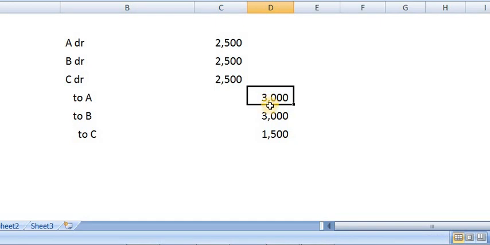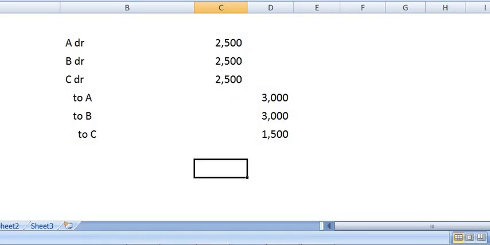We have to give them, this was omitted before, we forgot to credit to them. So now you can see C is losing and A and B are gaining. Now look at this. A debtor 2,500 and A credited 3,000. Look at these entries together. That means in place of 2,500, you can make a different entry.